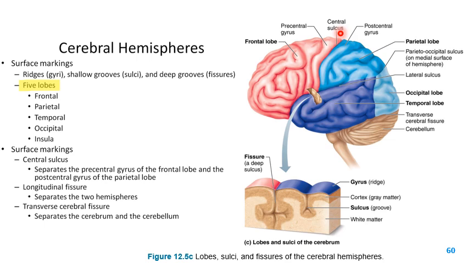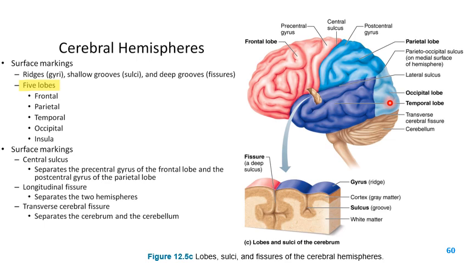So voluntary muscles, voluntary movements will come from this gyrus that is right at the back of your frontal lobe, just before your parietal lobe. And then when you jump to the parietal lobe, you have this post-central gyrus that is going to be responsible for sensations of feelings, feeling of things.